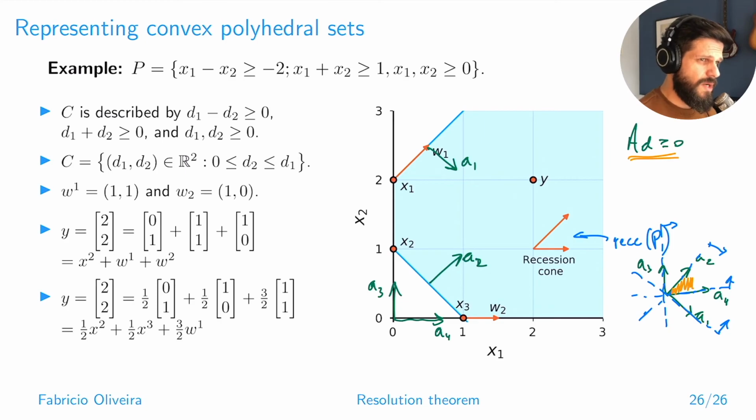And of course, this is not a unique representation, right? You can also make a convex combination of two extreme points, half and half, x2 and x3. And then you add 3 halves of direction w1, which gives you, again, the convex combination of these two with half gets you to this point. And then you do 3 halves in the direction w1. So 1 half and then 2 halves, and I get there again. So I can represent any point of this set by doing these combinations.